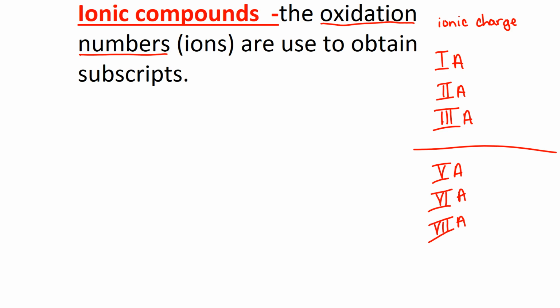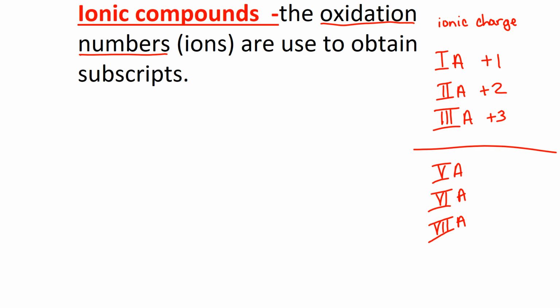Alkali, alkaline, boron family, nitrogen family, oxygen family, and halogens. All right. What charge does group 1A typically have? Positive 1. What charge does group 2A typically have? Positive 2. What charge does group 3A typically have? Plus 3.